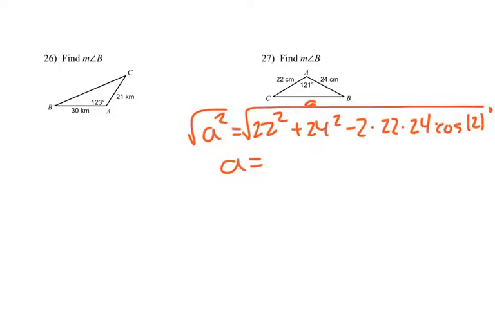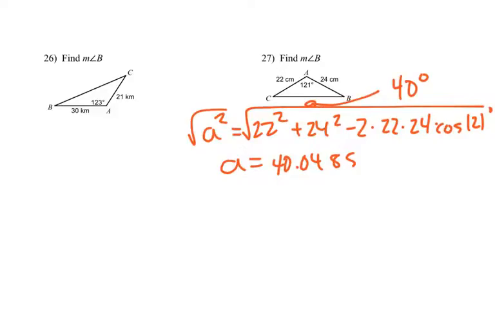So I go the square root of 22 squared plus 24 squared minus 2 times 22 times 24 times the cosine of 121. And I type that in, hit enter, and I get my answer of 40.0485. So once again, we'll just say 40.